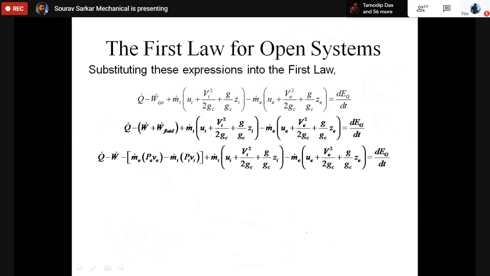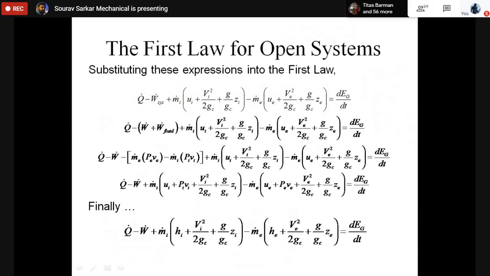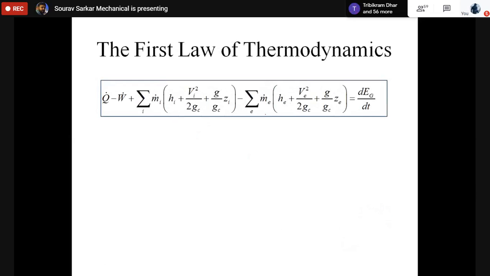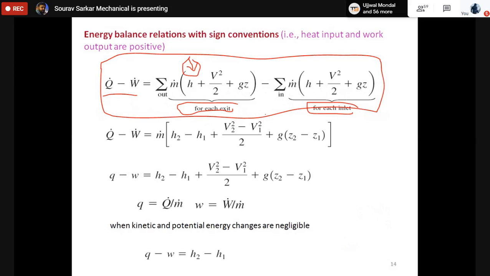If I replace this term, this term equal to 0, and for a steady system I will get this expression. So this is not for the steady system; if I make it steady, it will become like this. Any doubt up to this much?